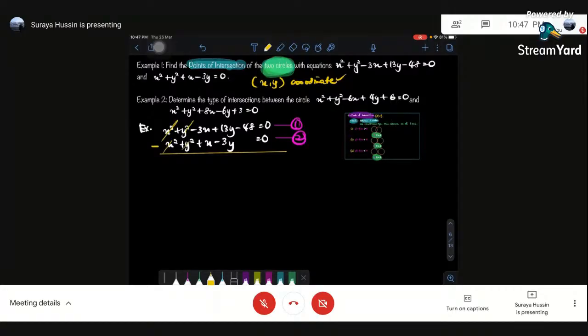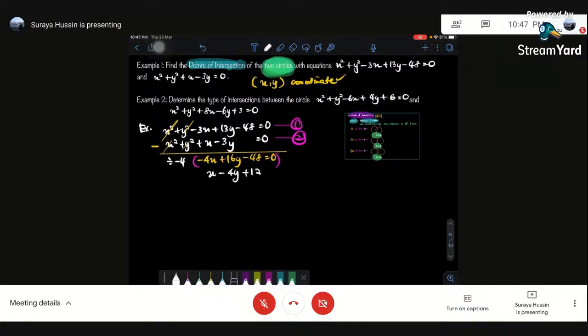Bila hilang depan X squared, Y squared tu, tinggallah negative 4X plus 16Y minus 48 equals to 0. You boleh simplify it, bahagikan dengan negative 4, you akan dapat X minus 4Y plus 12.